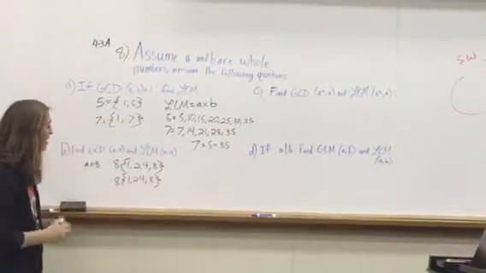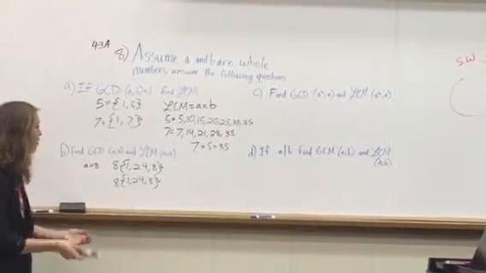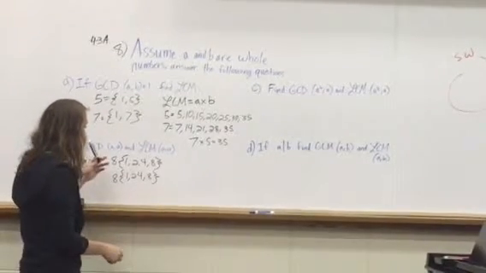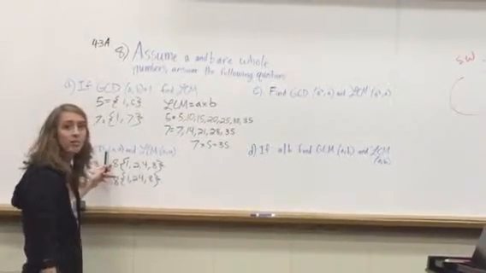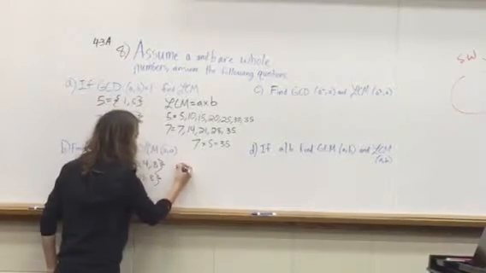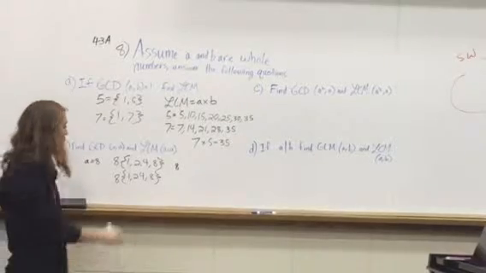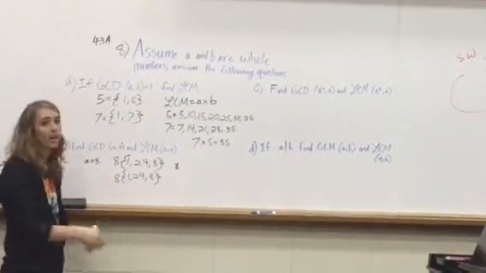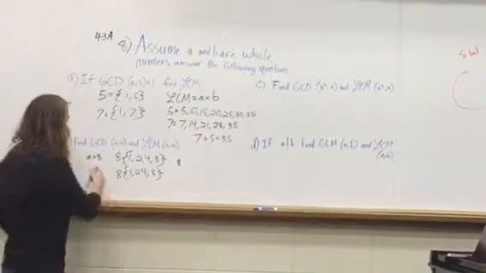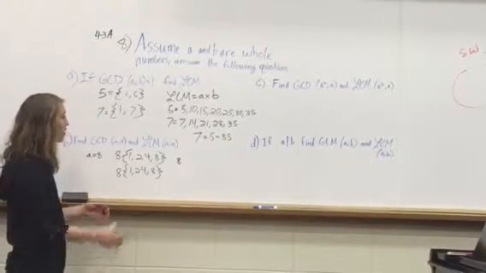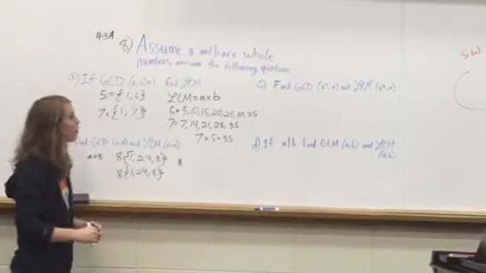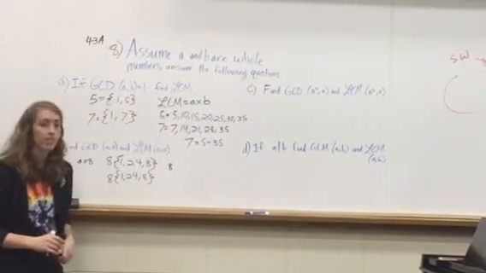And once again, our least common multiple is actually going to be the same as our greatest common divisor. Our least common multiple is going to be 8, because you can have nothing less than 8, and they both equal 8. So that is why our least common multiple is equal to A. So whatever number you have is your greatest common divisor and also your least common multiple. We're going to move on to C for now.